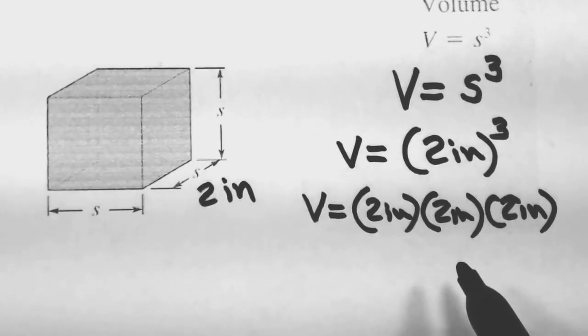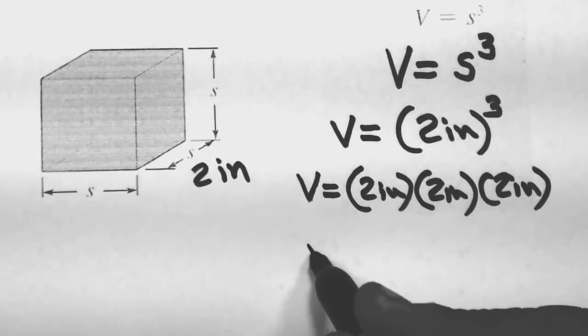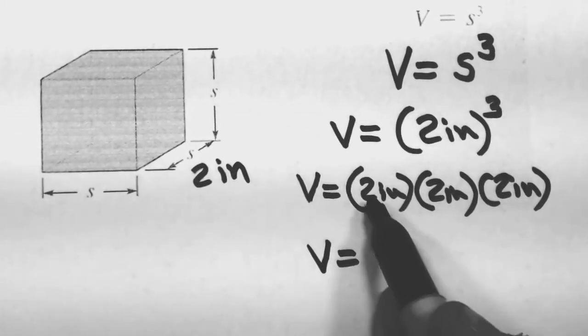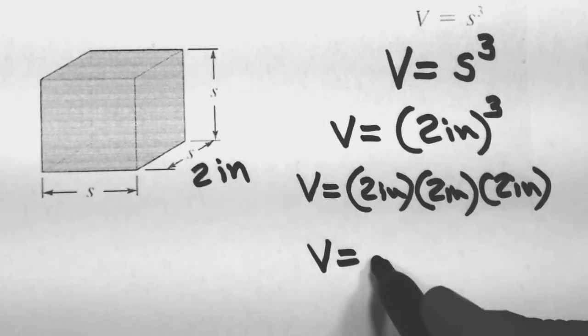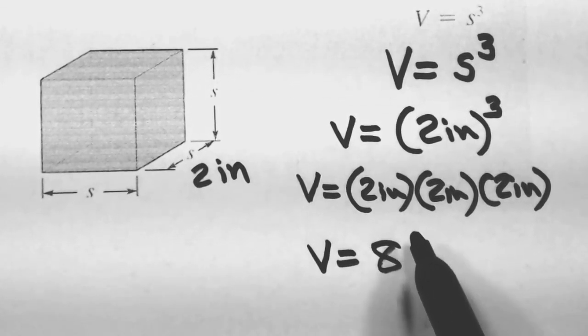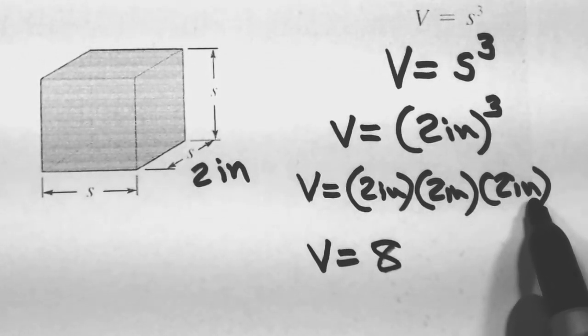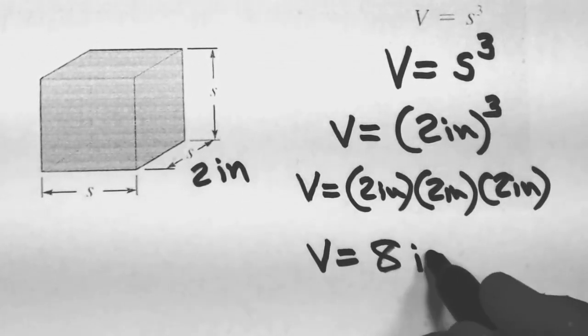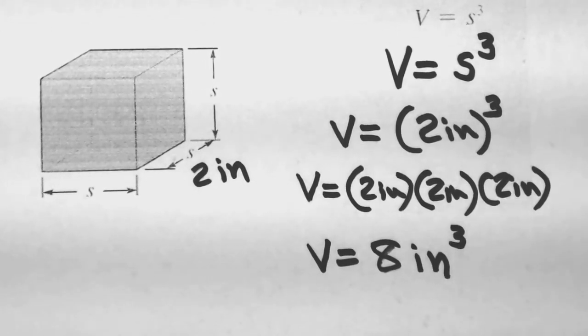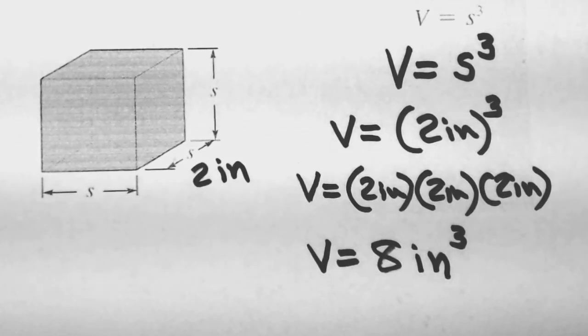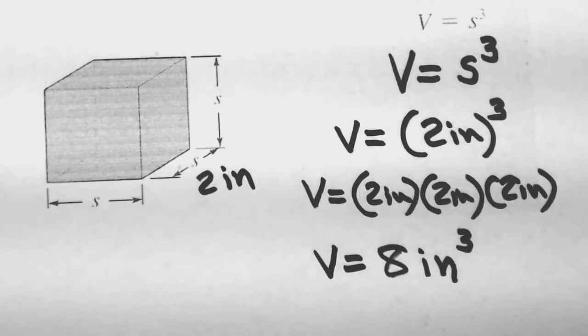And, of course, what would that give us if we multiplied that all the way out? V equals 2 times 2 is 4 times 2 is 8. But now notice the units. Inches times inches times inches. We've got three of them multiplying each other. So now what you have is cubic inches. This is the classic thing that we have when we measure volumes. The units are in cubic inches.